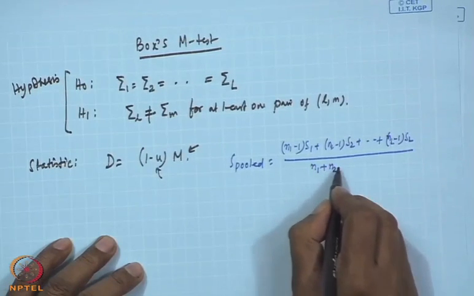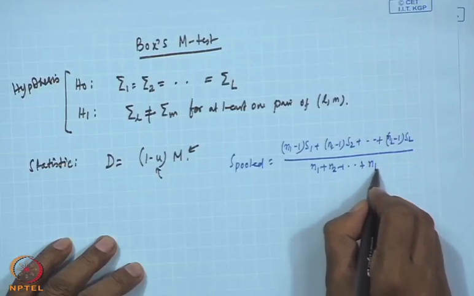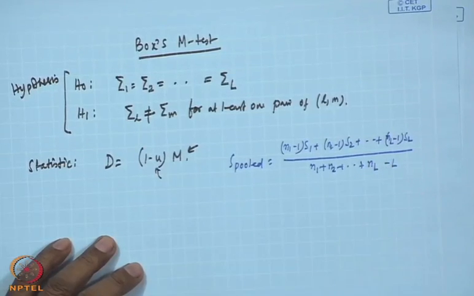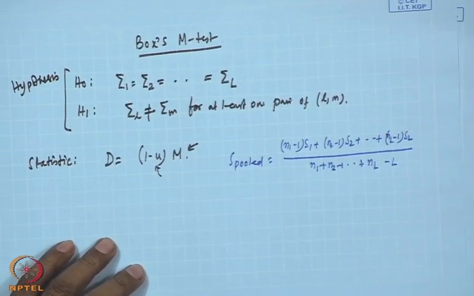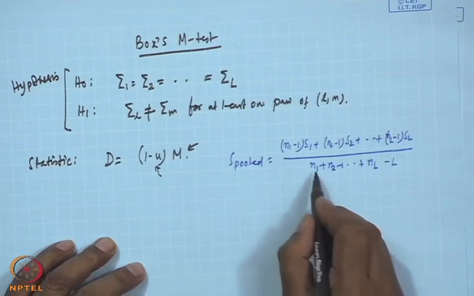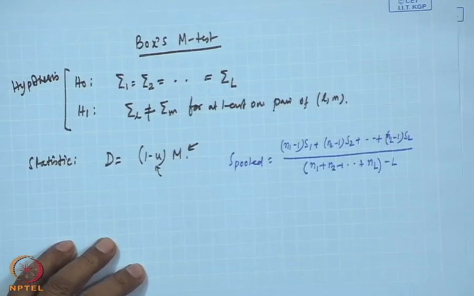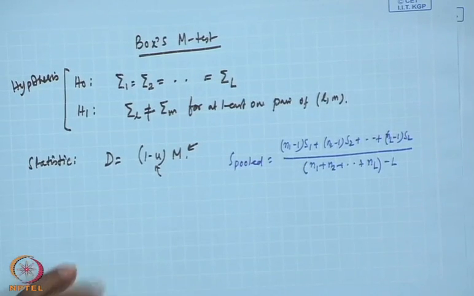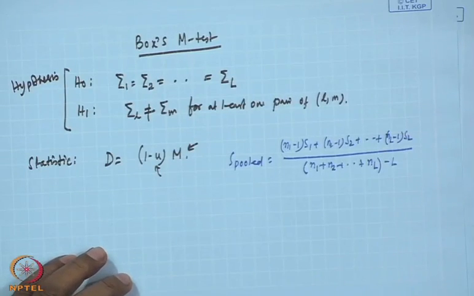N 1 plus N 2 plus N L minus L, correct. So that you have seen earlier also in the two population univariate case, N 1 minus 1 into S 1 plus N 2 minus 1 into S 2 by N 1 plus N 2 minus 2, just check. So this is the case.